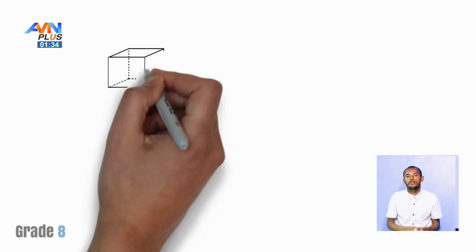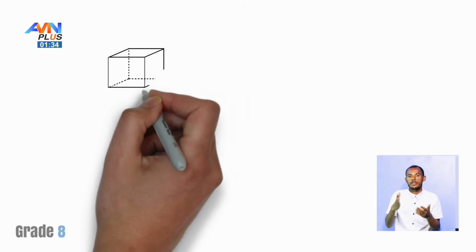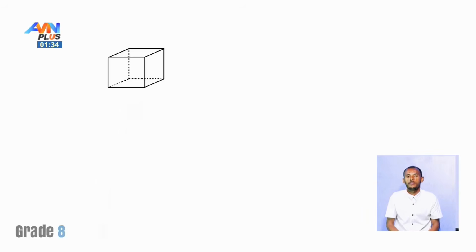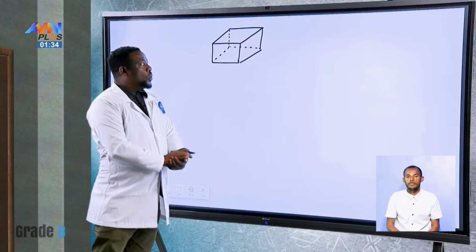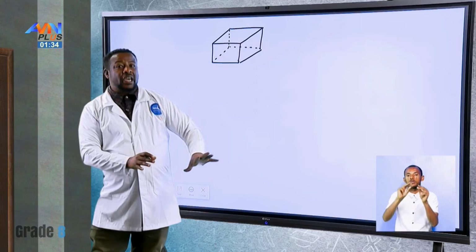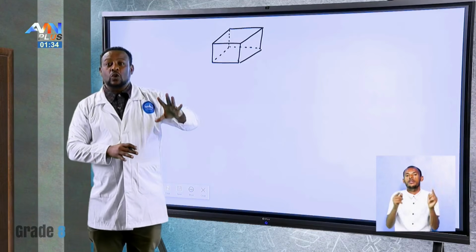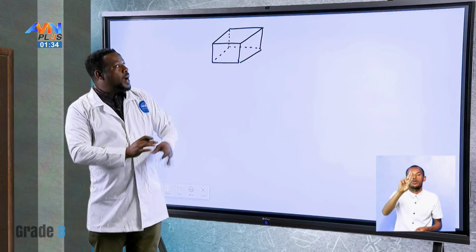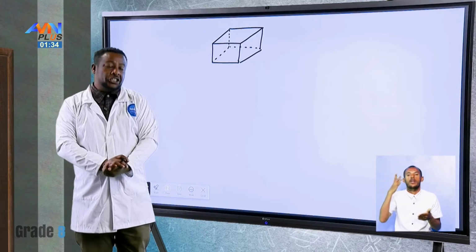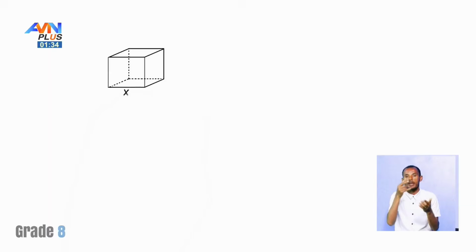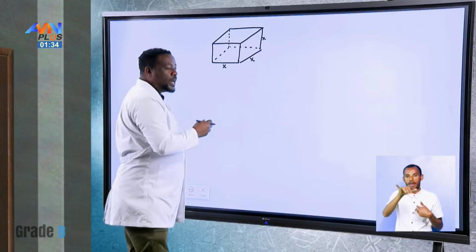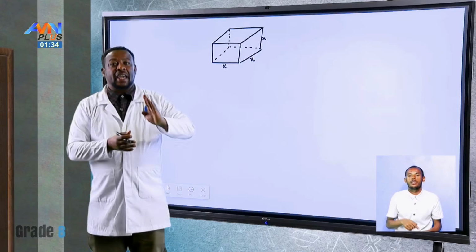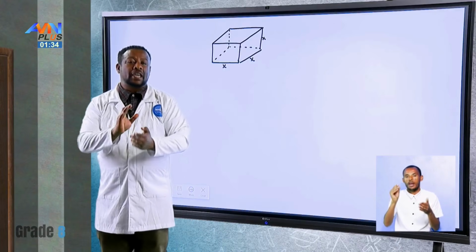Each face is the same. This is not an accurate sketch, but roughly a solid figure of a cube has this kind of shape, and each edge will have the same length. The length, width, and the height are the same in a cube.